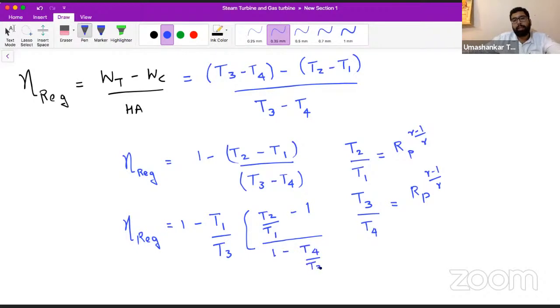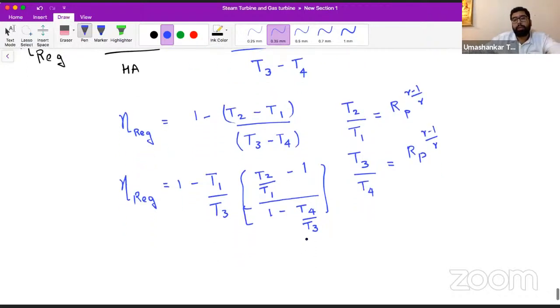Is that true or not? Tell me, is that true or not?